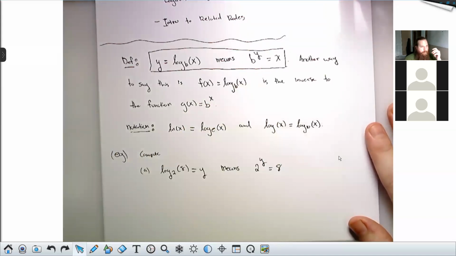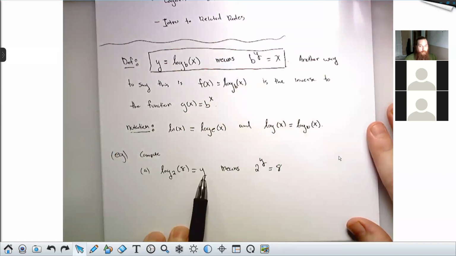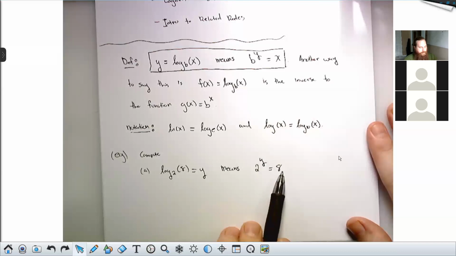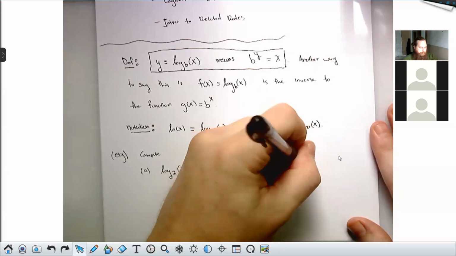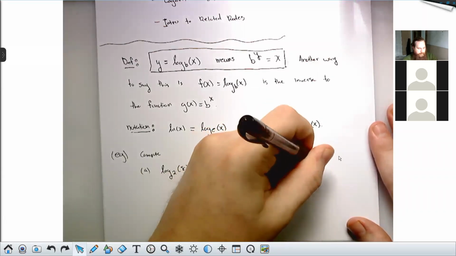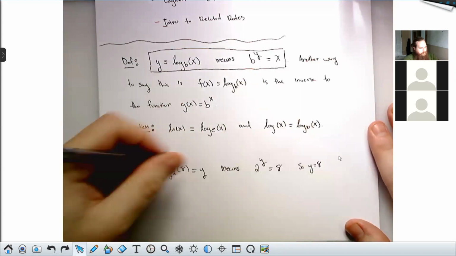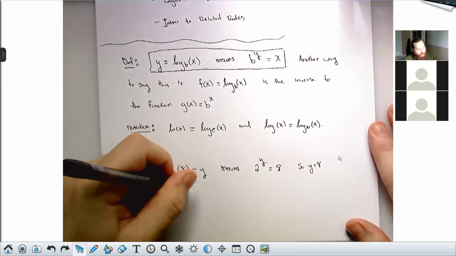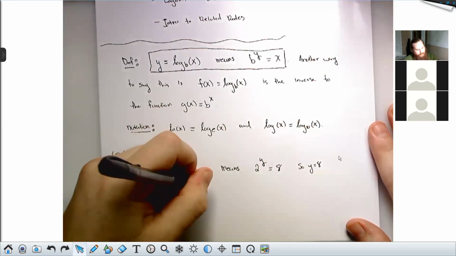Good, yeah. So there are some true statements there. Yeah, the correct answer here is that the base 2 logarithm of 8 is equal to 3. For what reason? Because 2 to the 3 is equal to 8, i.e., the base 2 log of 8 is 3.